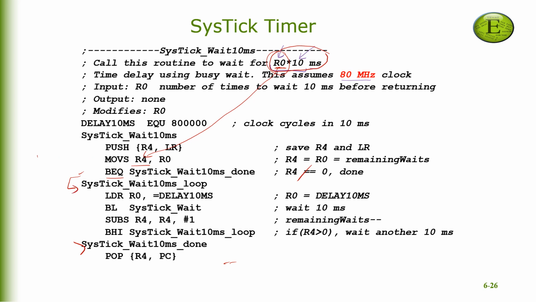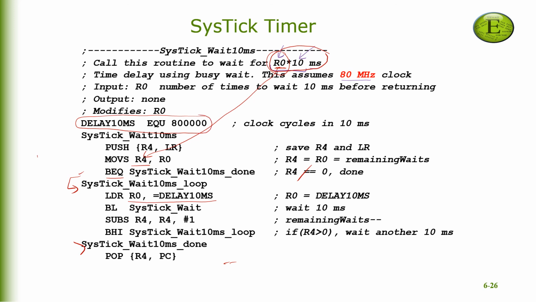The next instruction, label SysTick wait 10 milliseconds loop, and you're expected to loop in this part of the code quite a lot, and let us try to understand how this happens. We're going to load the address of the delay 10 millisecond constant that is stored as part of the code, that is 800,000.